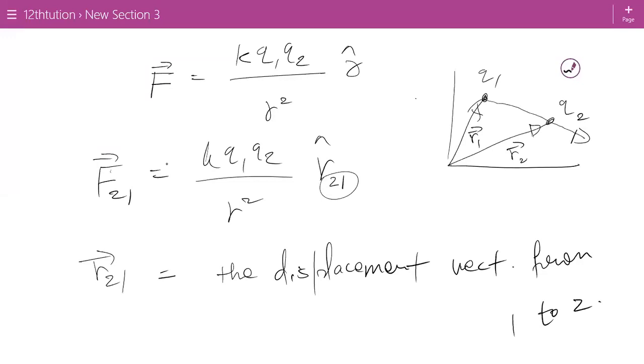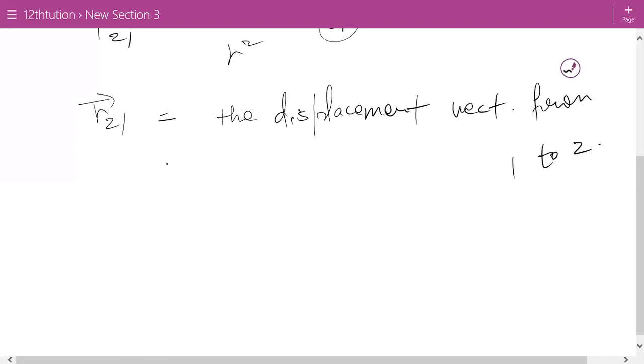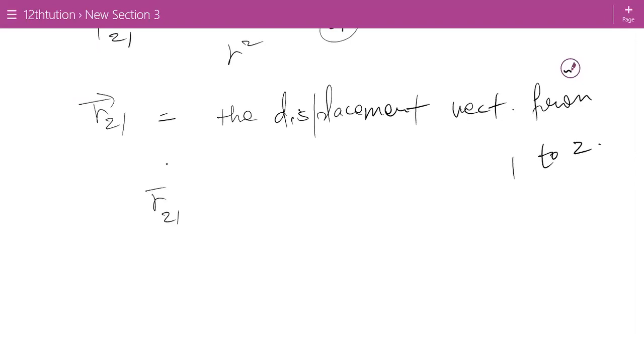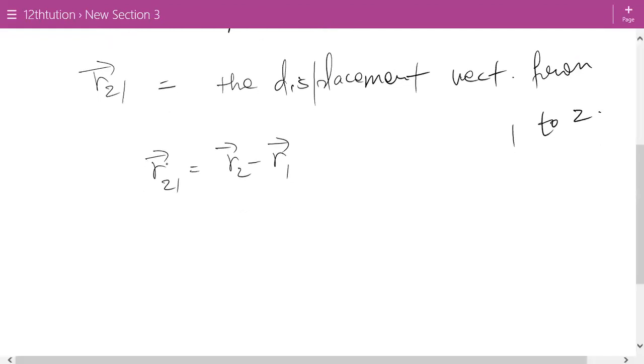Then we use the vector triangular addition, right? In the previous class, to find out the R21 vector, it will be equal to R2 vector minus R1 vector. We used the triangular law of vector addition in order to find the R21 vector. Got it? In the previous class we have done that.